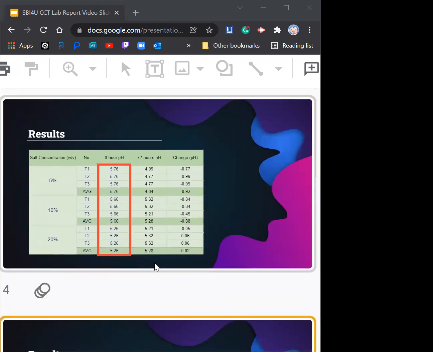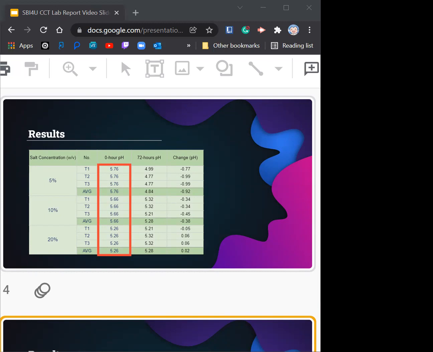For 5%, my initial pH was 5.76. And for 10%, it was lower, 5.66. And for 20%, higher concentration, the pH was also lower, 5.26.